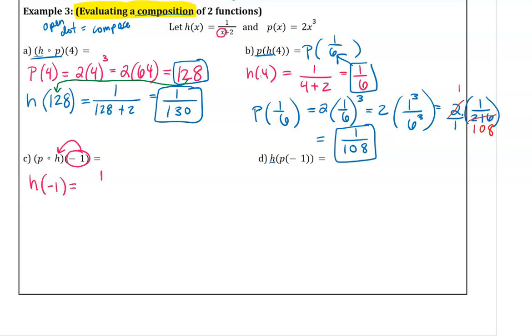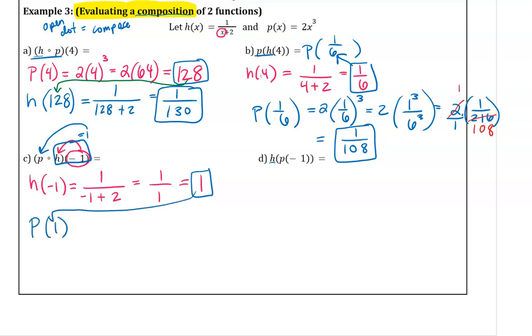Okay, h of -1 becomes 1 divided by, I plug the -1 in the x spot for h, and then I add 2 to it. So 1 over 1, which is 1. So h of -1 actually equals +1. So then I take that answer, which equaled 1, and plug that into p. And then I follow the rule for the p function, which is to take 2 and multiply that to the x cubed.